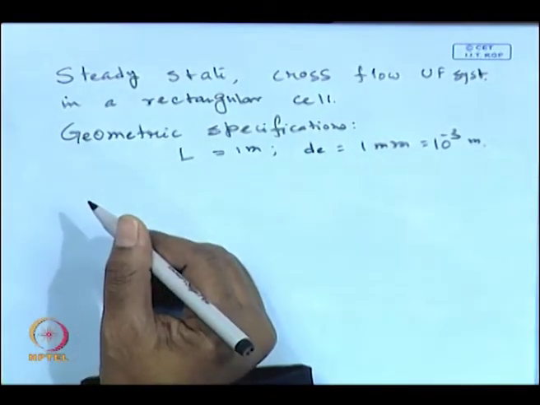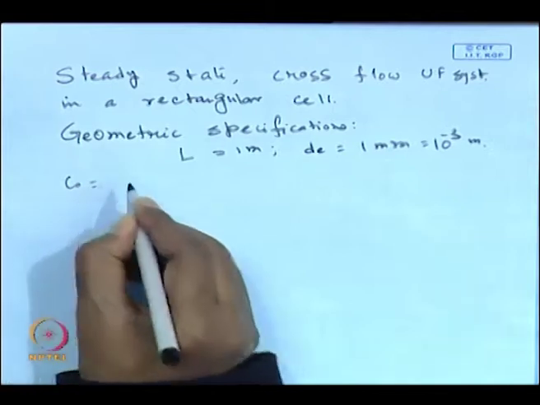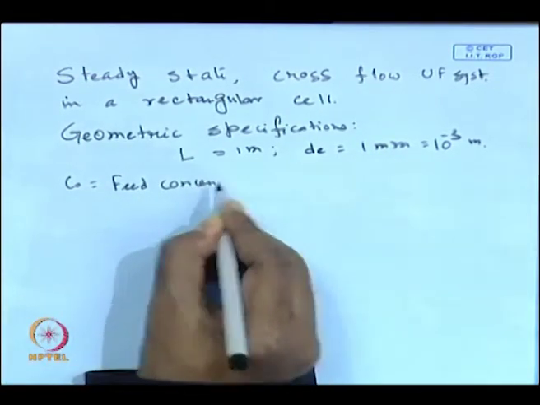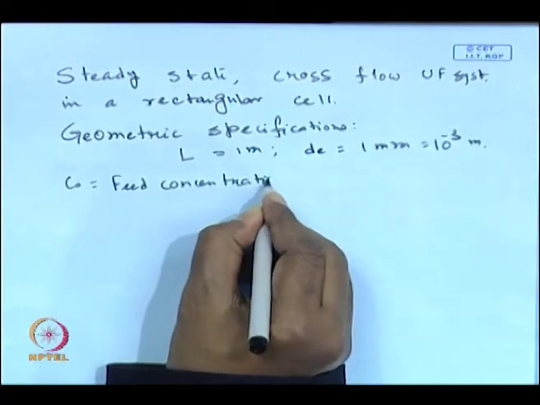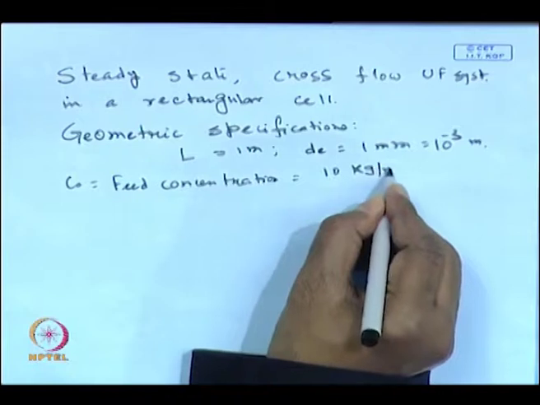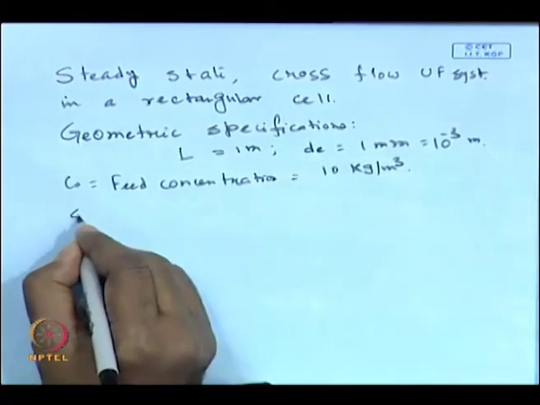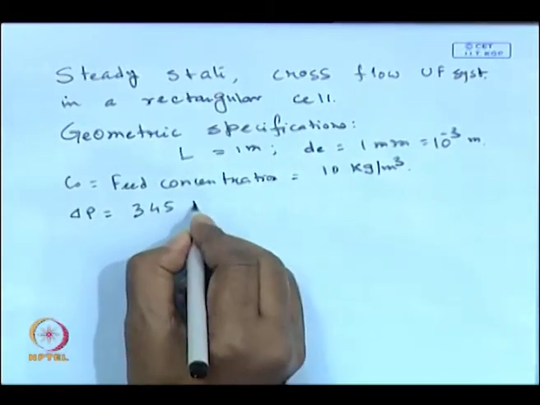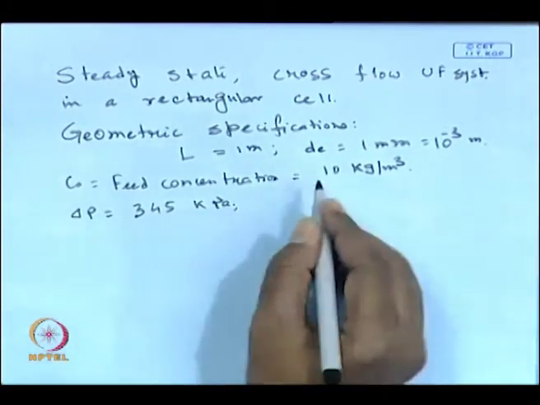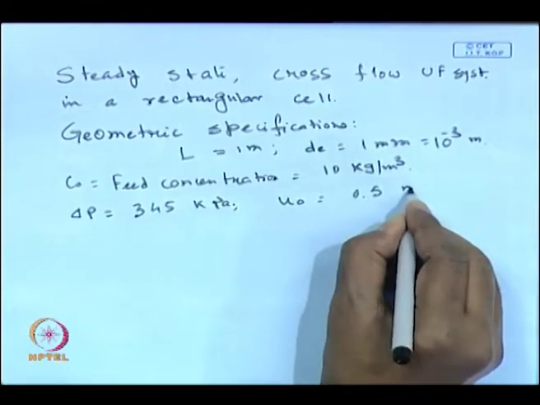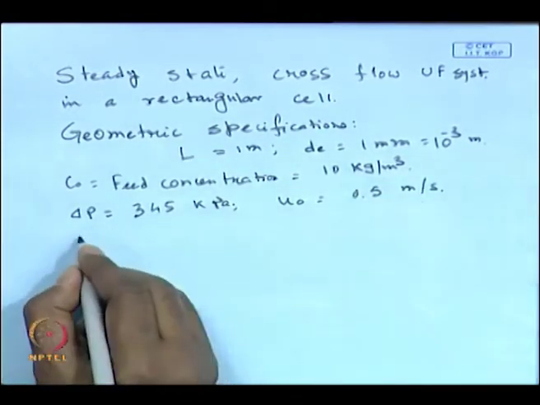Now, we conduct an experiment with a feed solute concentration of 10 kg per meter cube, a transmembrane pressure drop delta P of 345 kilopascal, and a cross flow velocity of 0.5 meter per second.